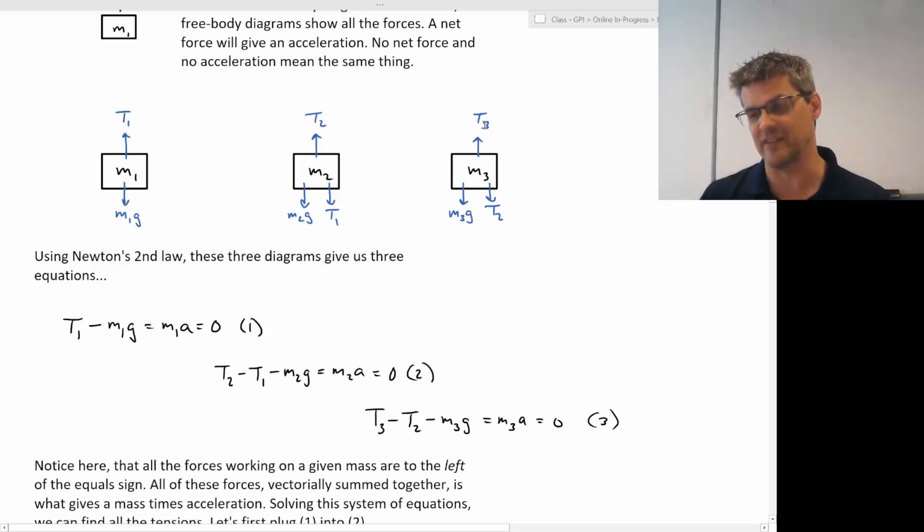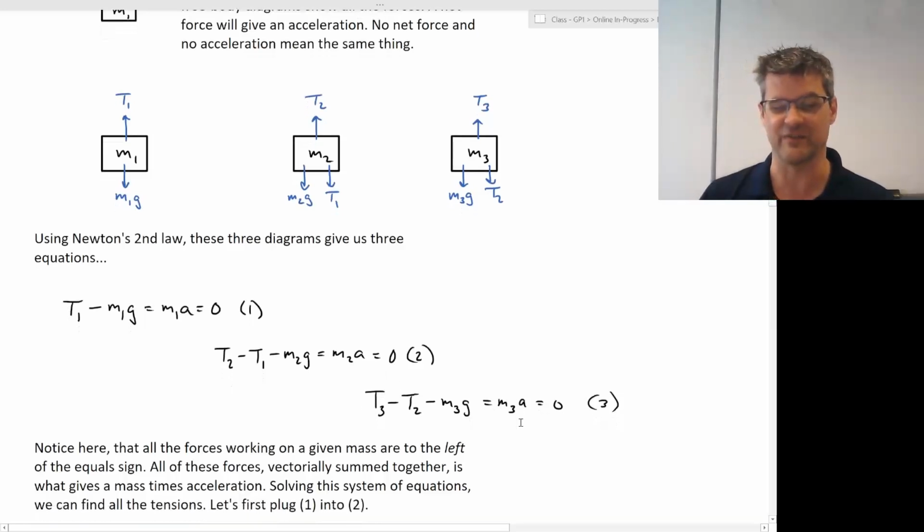Now moving on to T3, I see that T3, mass 3, we have T3 up, good, T2 down, good, m3g down, good. This is going to be equal to the mass in this diagram, which is m3, times the acceleration of this diagram, 0. Now putting all these things together, I found T1, and T1 allowed me a way to find T2. Now I know T2, I could plug that in here, and I can find the value for T3.